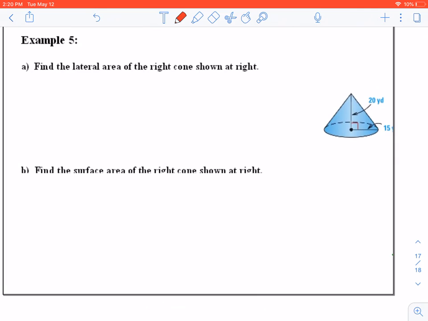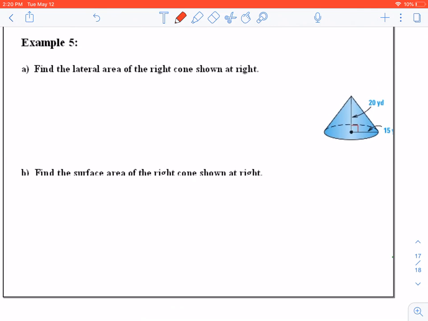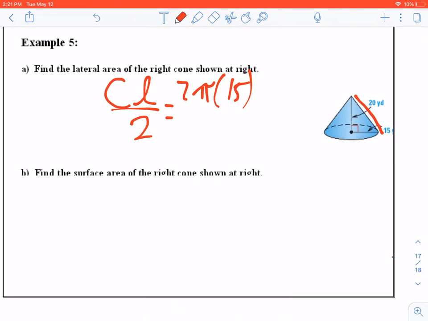Alright, last thing in example 5 here. For A, it says find your lateral area again of our right cone. Lateral area just does our circumference times the slant height divided by 2. Circumference is 2 times pi times your radius, which is 15. Slant height, once again, we have to find.